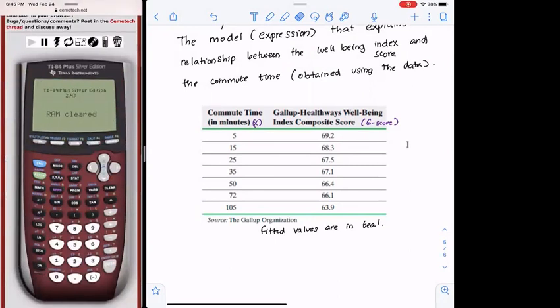I'm going to enter the x values: 5, 15, 25, 35, 50, 72, and 105.